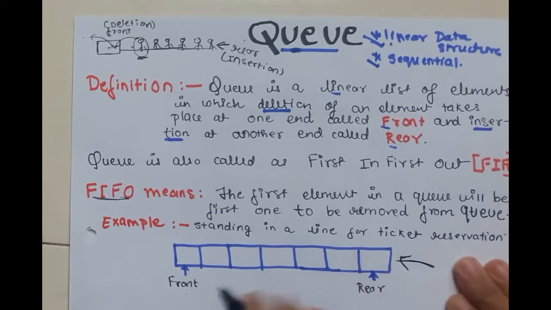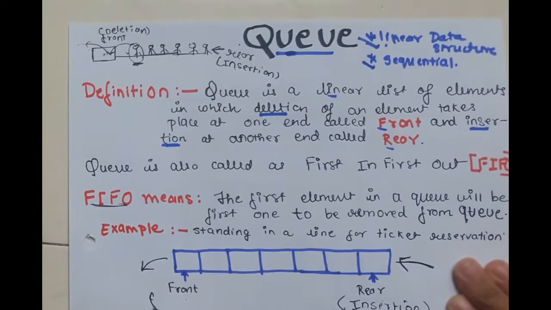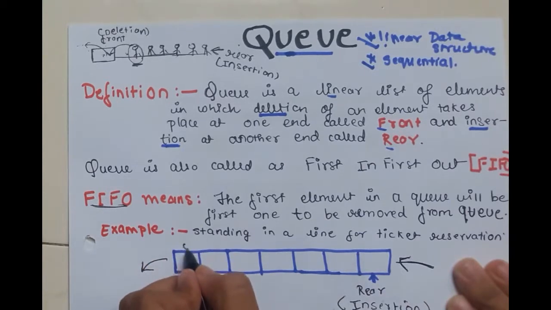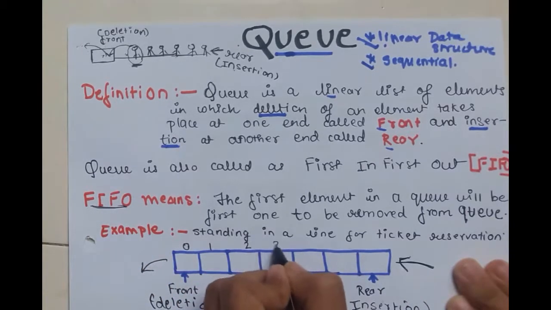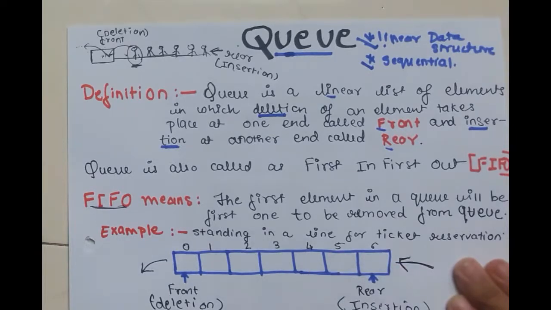And from this end there will be deletion. Okay, so this is a simple representation. This is the indexing. This is a queue.